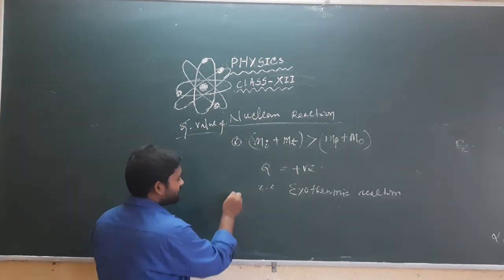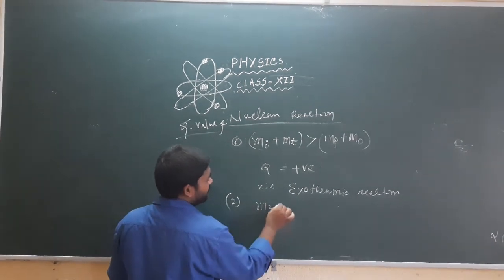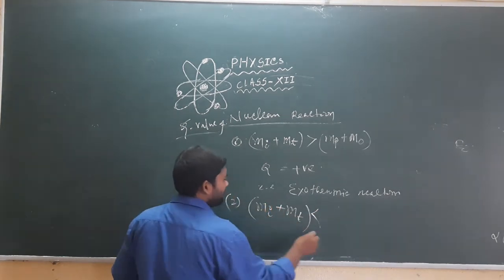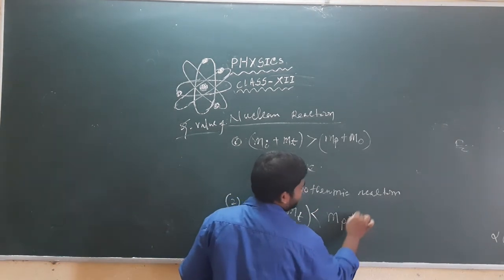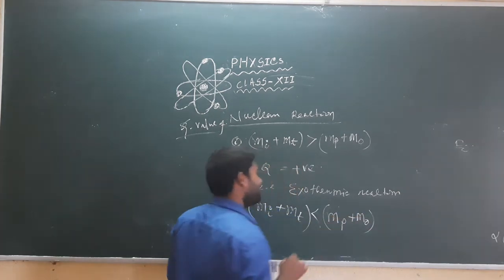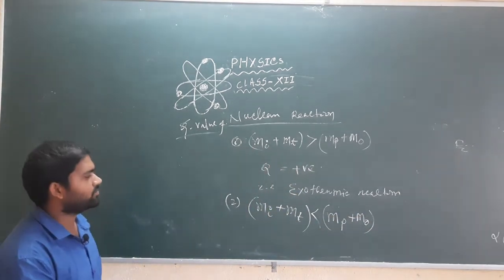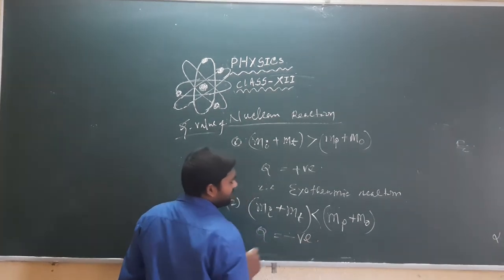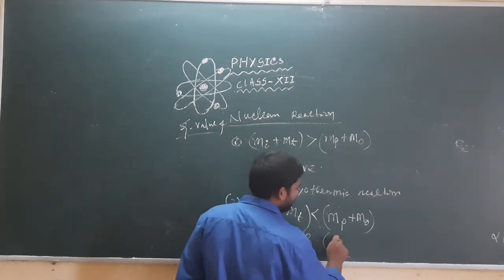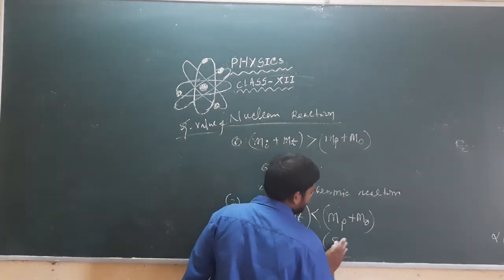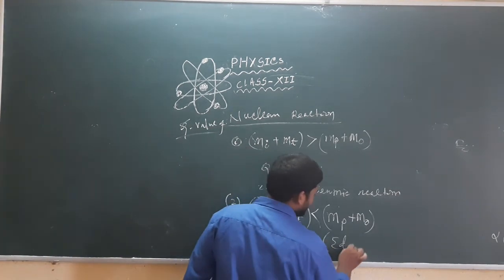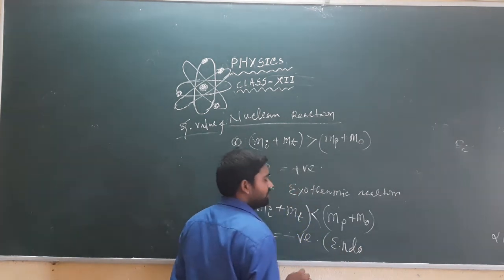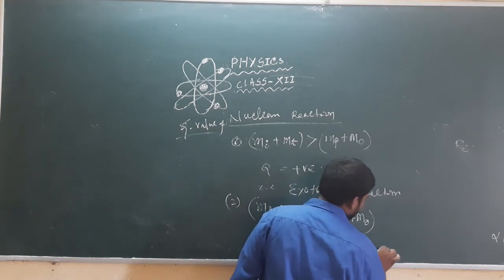Second, if the mass of the reactant side is less than the mass of the product side, in such a case the Q value is negative, and a negative value of Q indicates that such a reaction is known as an endothermic reaction.